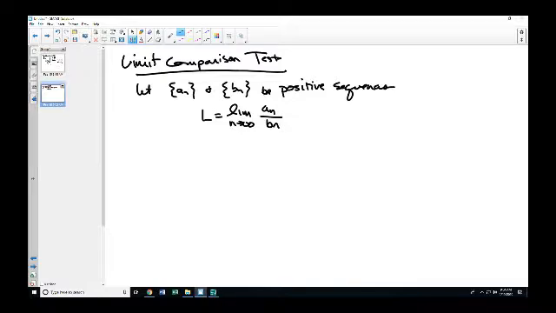If L is 0, so this is an if, L is 0, and b sub n converges, then a sub n converges as well. This is a direct result of the comparison test.